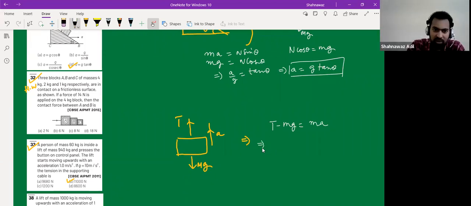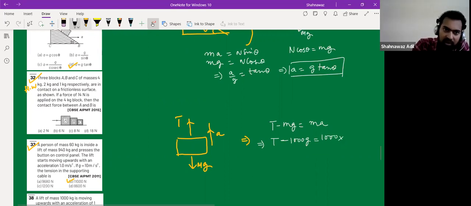T is what they are asking, and what is the overall mass? This is 60 and this is 940, so the total mass will be 1000. So this is 1000 g, and a is given as 1 meter per second square, and g is 10 meter per second square.